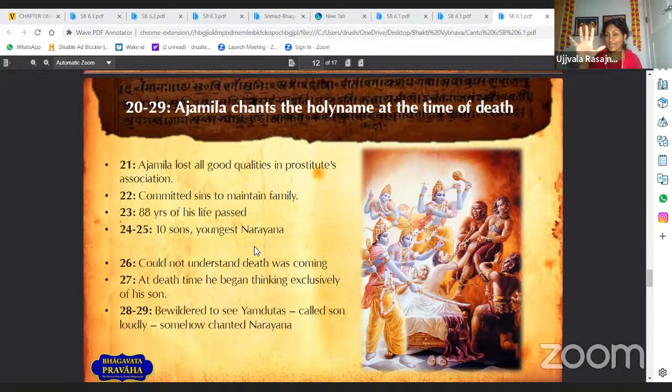Mukti is of five types: Sayujya mukti, Salokya mukti, Sarupya mukti, Samipya mukti. So all these four Vishnudutas came. So Ajamila, by uttering the Lord's name with that desperateness, was qualified for mukti. That is the power of the nama.